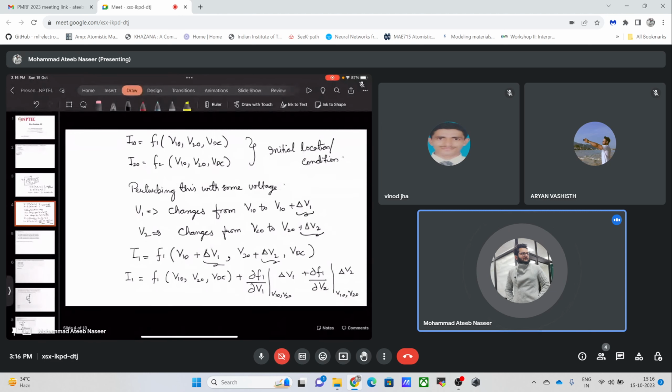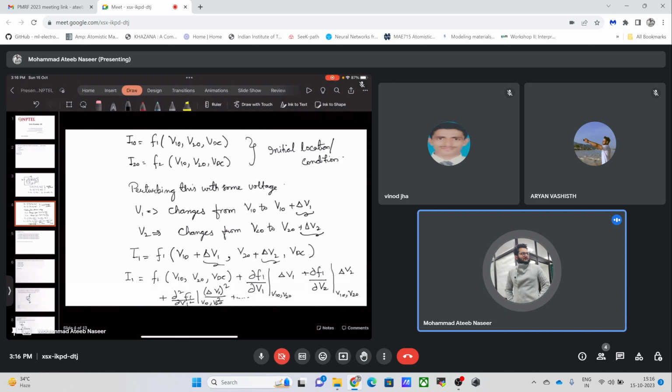Similarly, I will have higher order terms, like d2f1/dv1² at (v1(0), v2(0)) times Δv1²/2, and the rest of the higher order terms. But we want our amplifier to suppress the higher order frequencies.